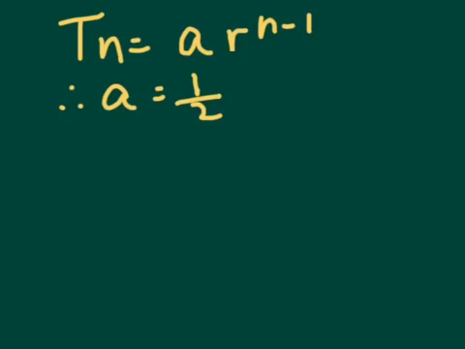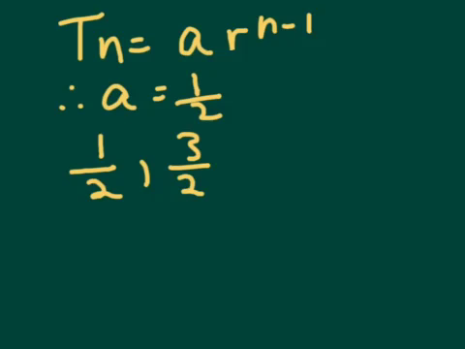Okay, so how do we find a value for r? Well, r is simply any term divided by its previous term. We know a is a half, and the second term was x plus 1, wasn't it? So x plus 1 in this case is a half plus 1, which is 1 1/2, otherwise known as 3 over 2.